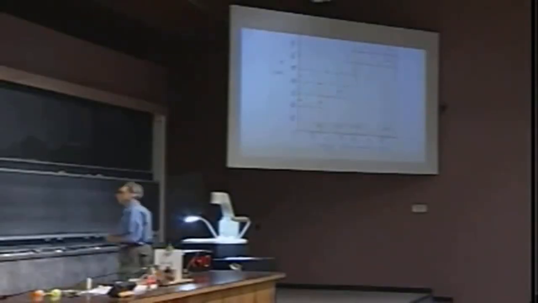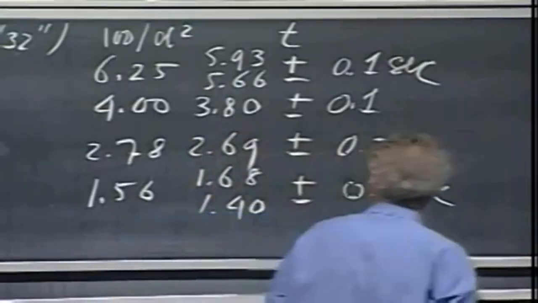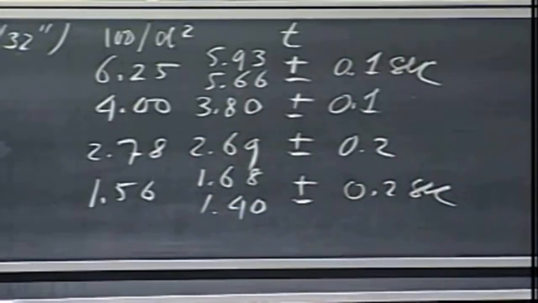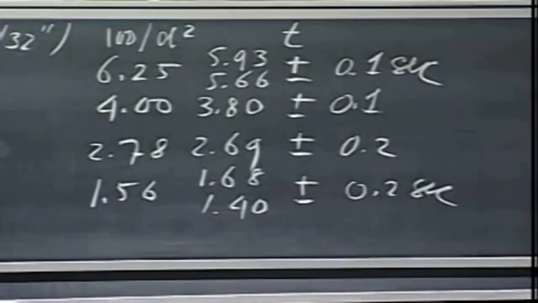So first, let's put in 5.8 seconds for the smallest ball bearing. This is the smallest one. Don't be misled, because this is 100 divided by d squared.